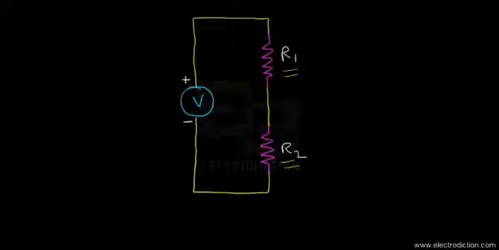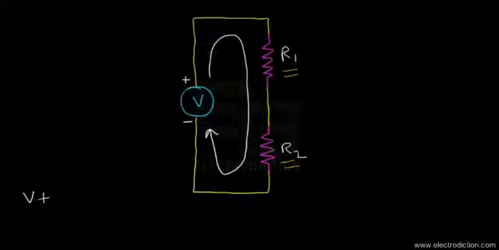We're going to get the EMF over here, V, added to the voltage drop across R1. This voltage drop would occur due to a certain amount of current that would keep on circulating within this network, or rather within this loop.